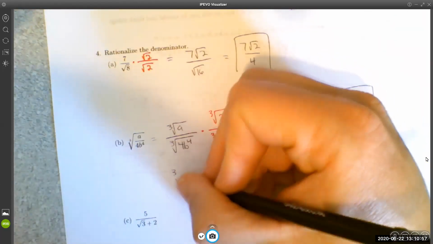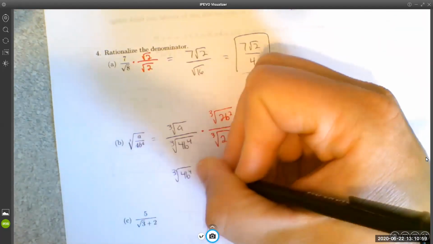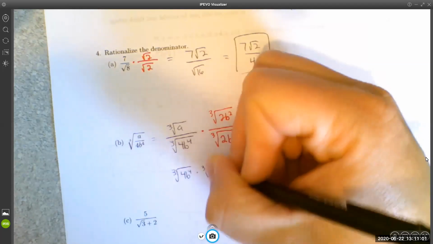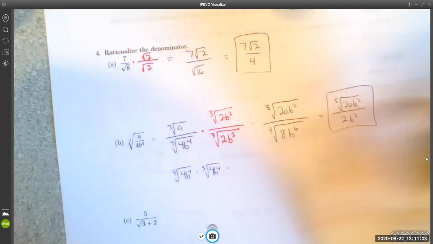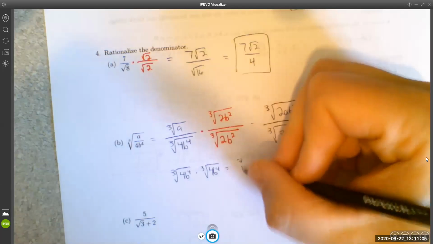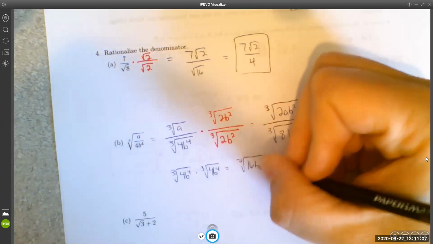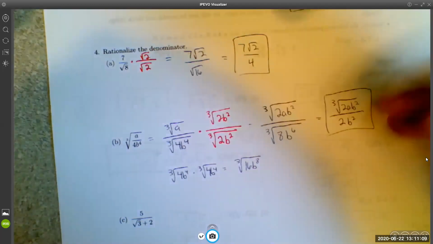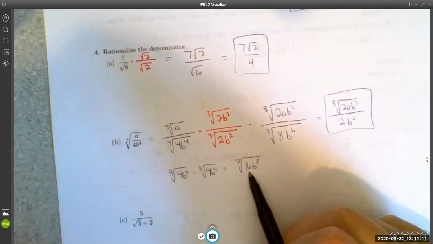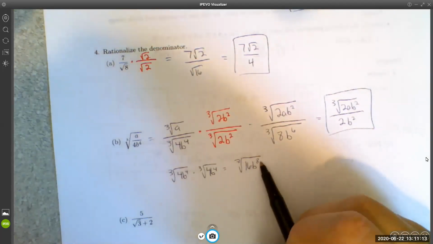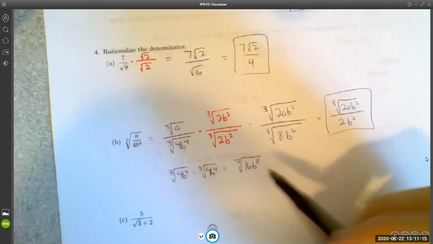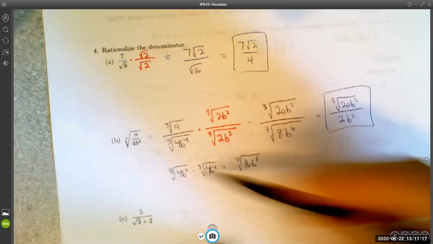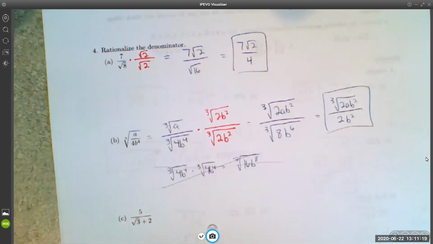Cube root of 4b to the fourth times cube root of 4b to the fourth is equal to the cube root of 16b to the eighth. Problem is that 16 is not a perfect cube and 8 is not a multiple of 3. So multiplying by this exact same thing wouldn't have really done anything for us.